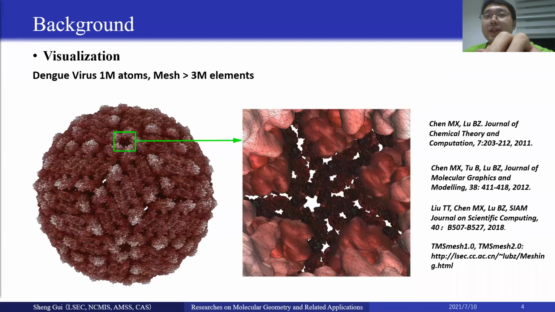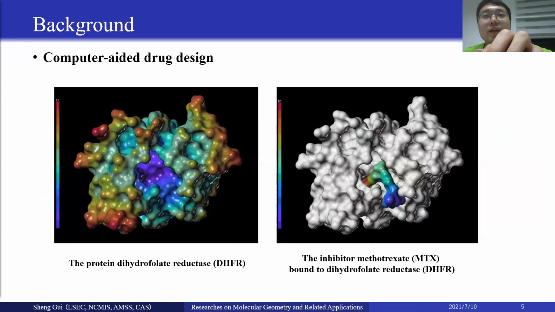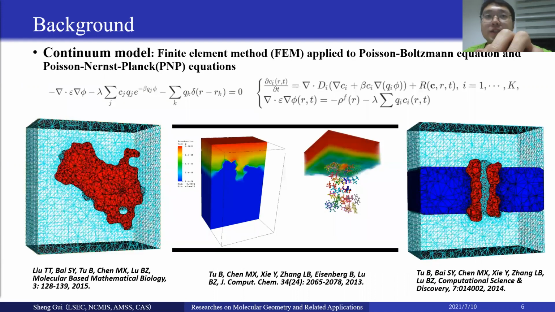Biomolecules such as proteins are the basic functional units of life activities. Geometry modeling of biomolecules is widely used in molecular visualization like this, computer-aided drug design, and some biophysical and chemical information.